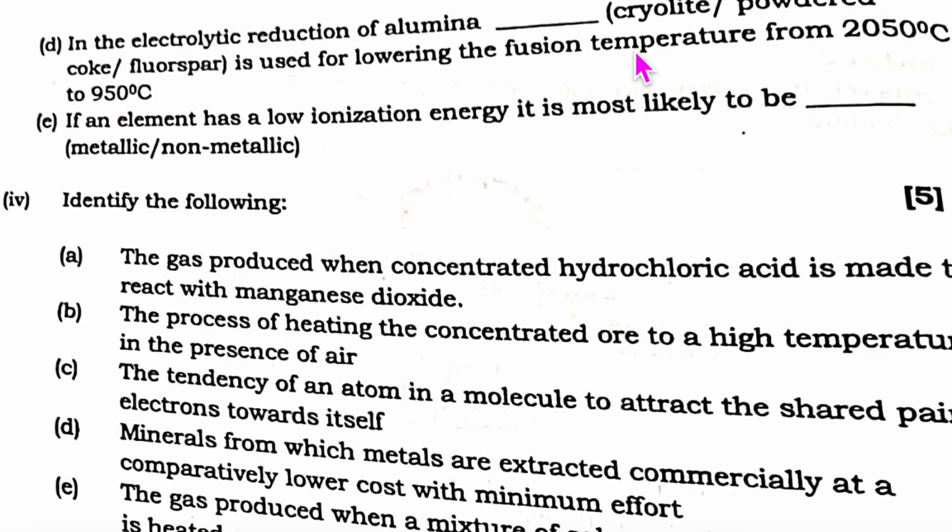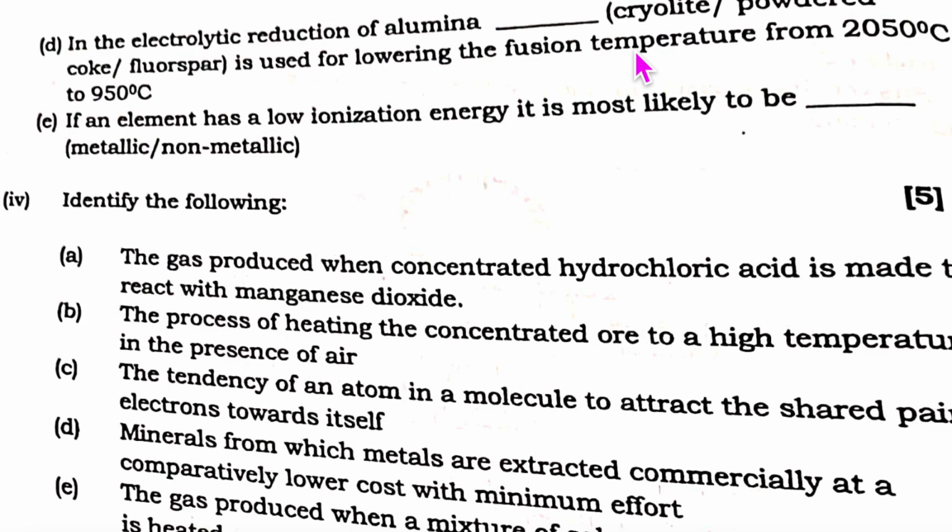Now can you see over there in point number 3, fused cryolite and fluorspar are added, and the first bullet says that addition of cryolite and fluorspar lowers the fusion temperature. The second says cryolite and fluorspar also enhance the mobility. The third bullet says addition of cryolite enhances the conductivity.